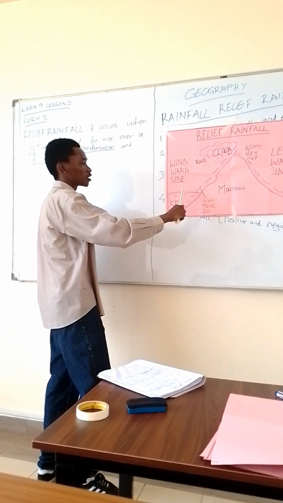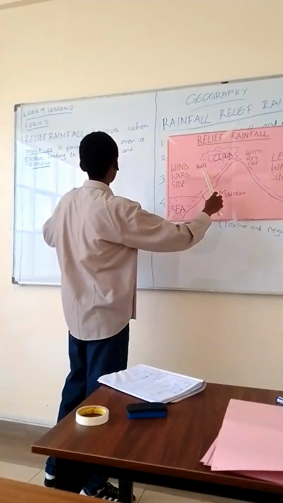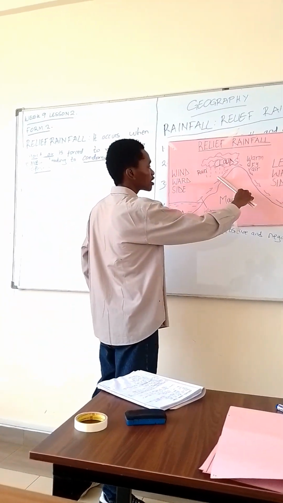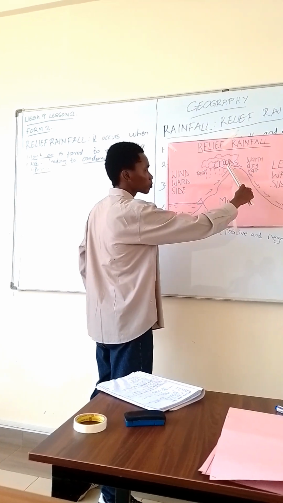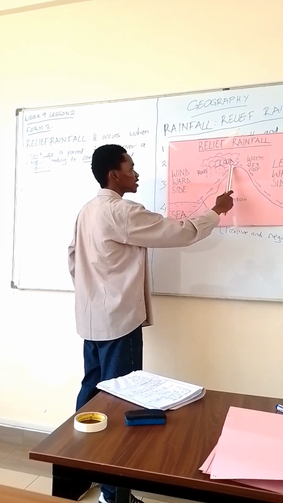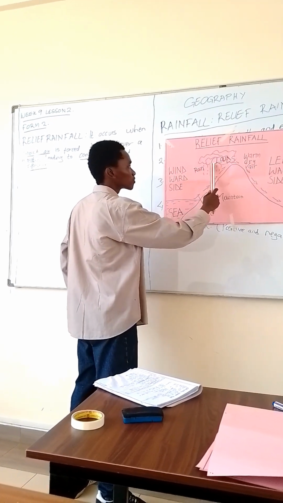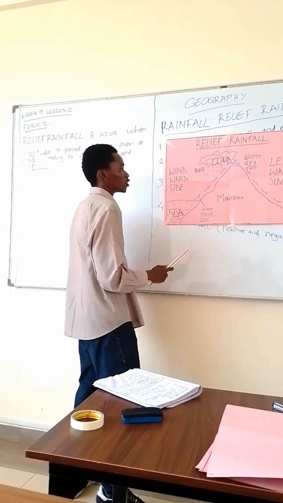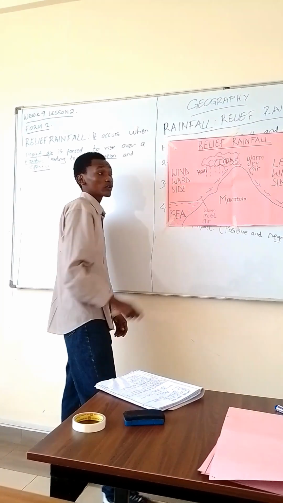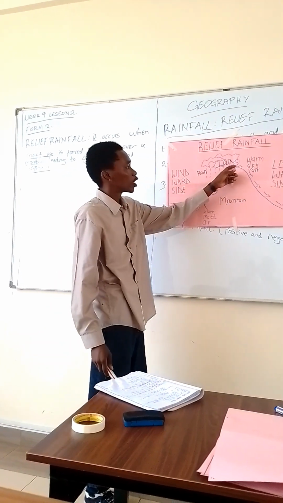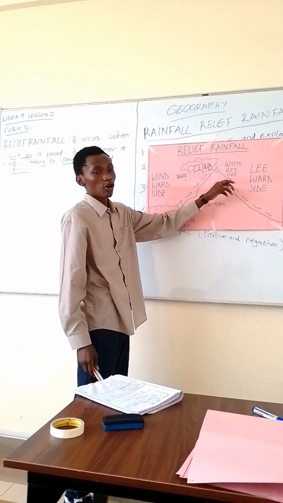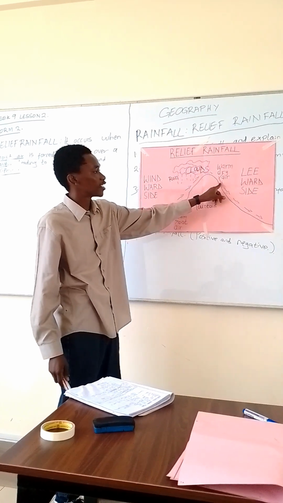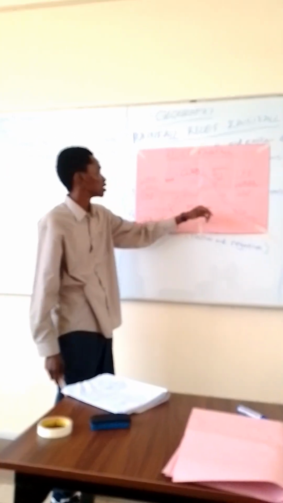Due to the sun, the water vaporizes, and together with the air it rises up the mountain, and when it reaches above, it forms clouds, which condense and form rainfall. After forming rainfall, the dry air moves to the leeward side, where it causes the drying effect.